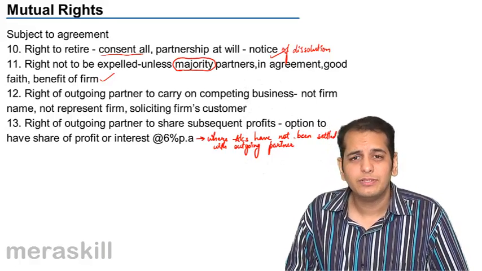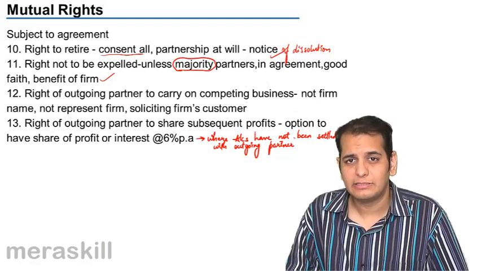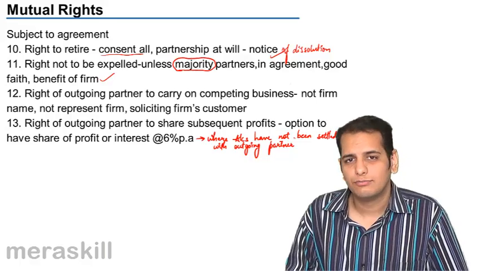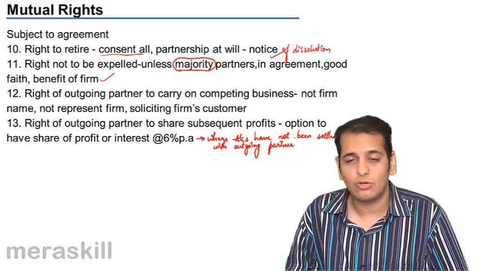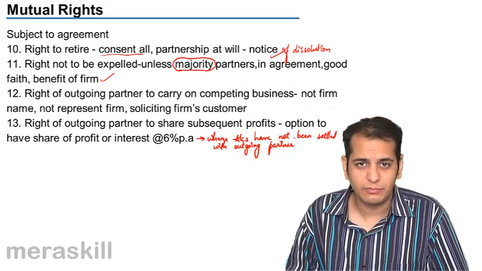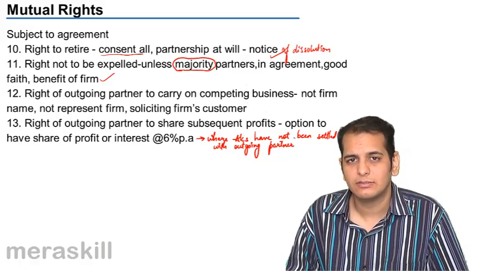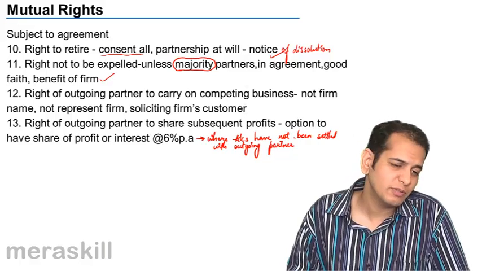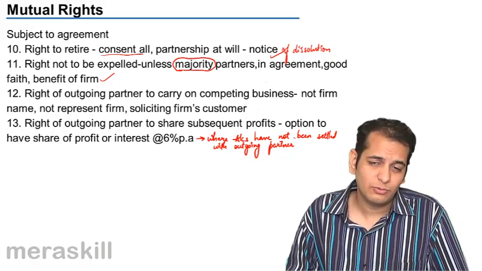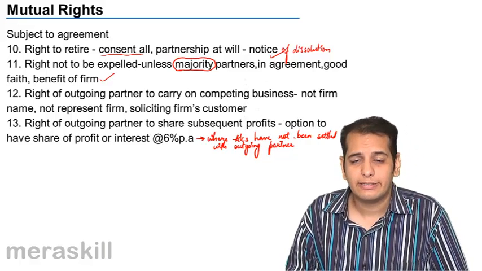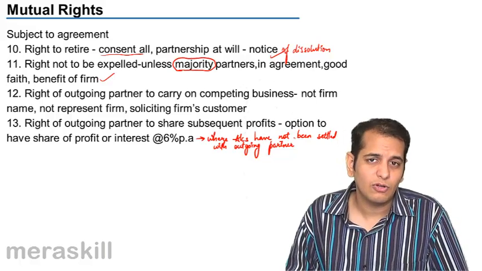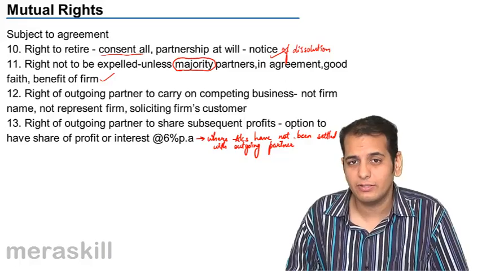If the accounts have not been settled, that means his money is still there in the firm, his money has not been repaid to him. Though he's out of the firm now, his money is still there. So don't you think he should get interest on it, or a share in profits?